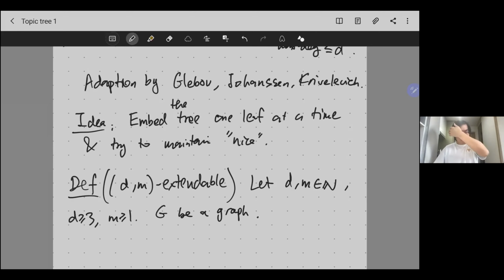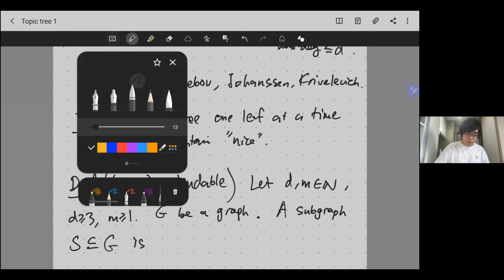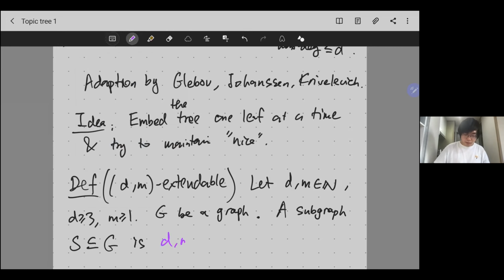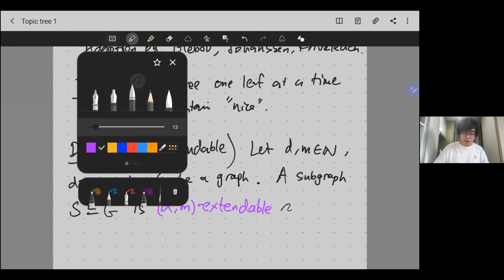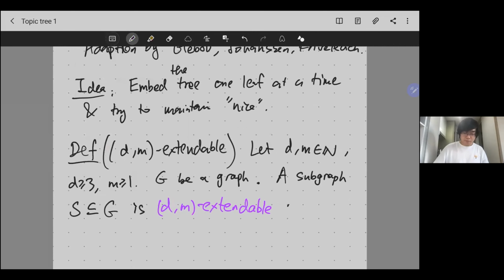A subgraph S in G is (d,m)-extendable. This means it's a nice partial embedding, okay? So how can it be nice? Extendable if two conditions, okay?